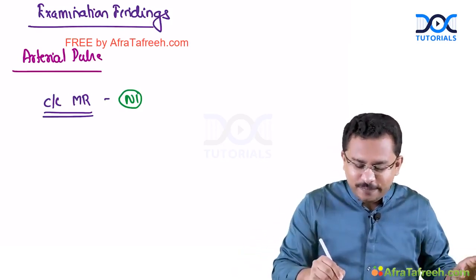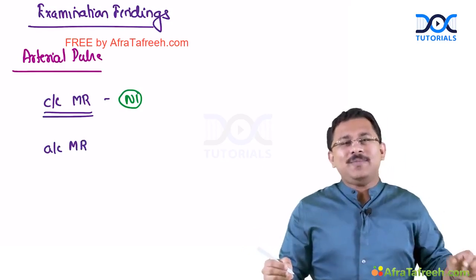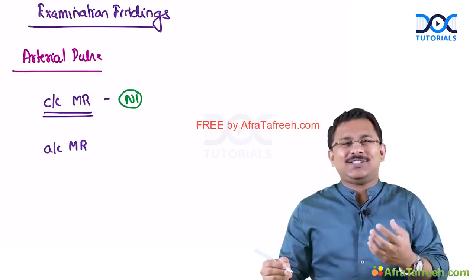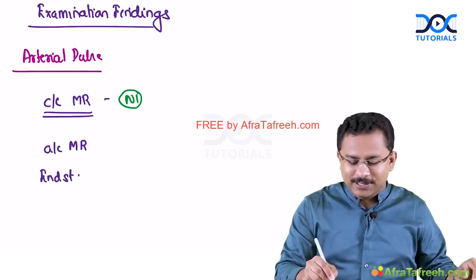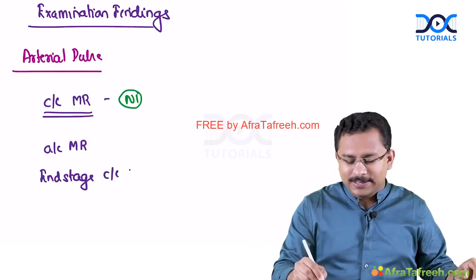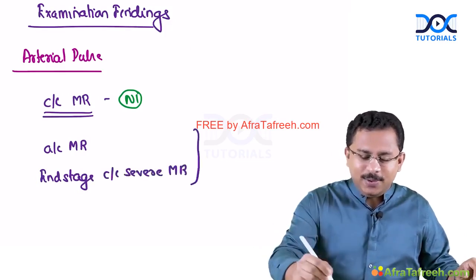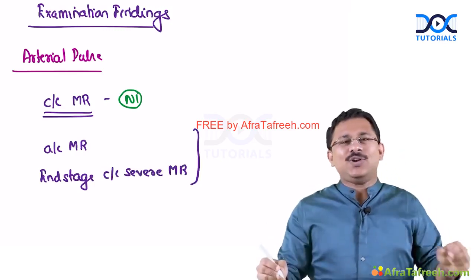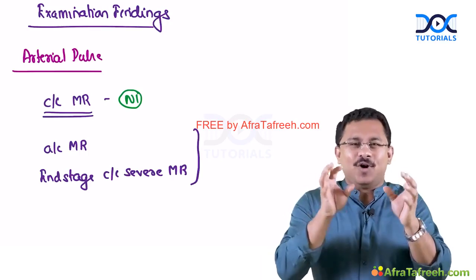However, if you're talking of an acute mitral regurgitation, or an end stage chronic severe MR, especially when there is decompensation, there is a rapid reduction in the forward volume of blood.